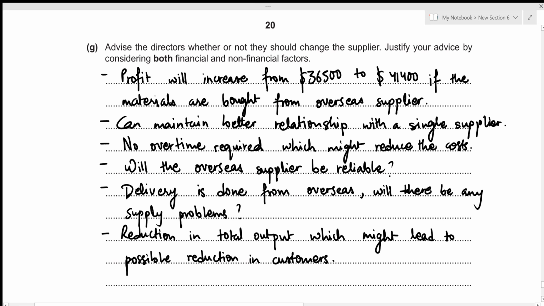All right, now we have to make a decision. So considering all these points, we can definitely see that the profit has increased from 36,500 to 41,400. But we still do not know whether the supplier is reliable, whether there will be additional problems during delivery due to the supplier being based on overseas, and there might be a possible reduction in customers as well. So due to these reasons, I will be making a decision not to change the supplier.